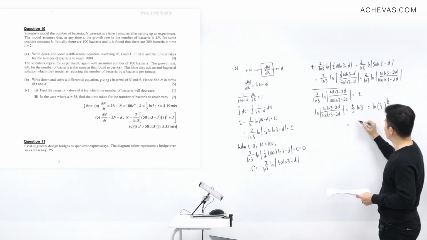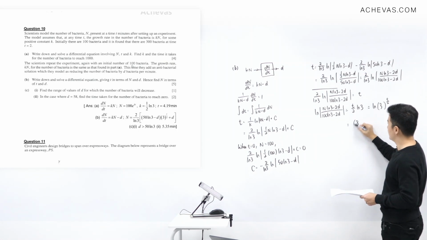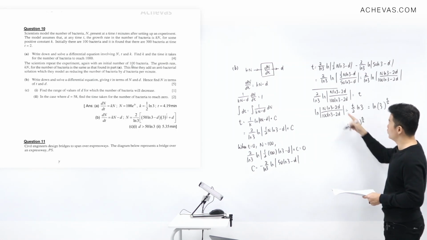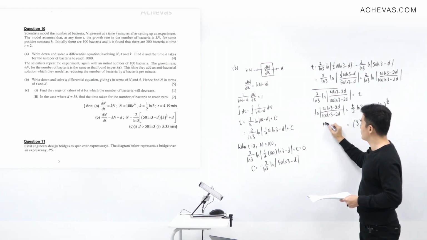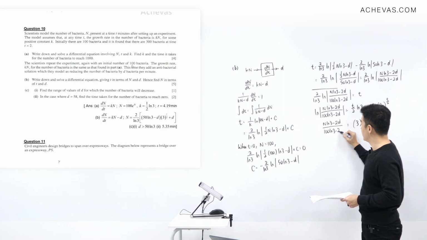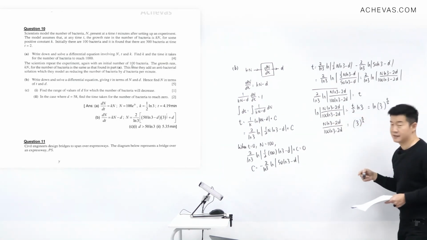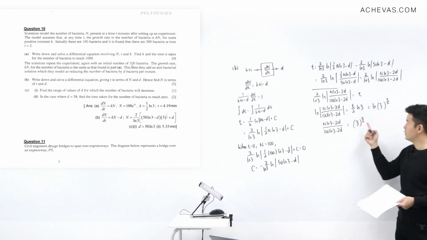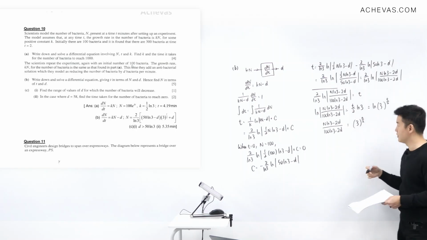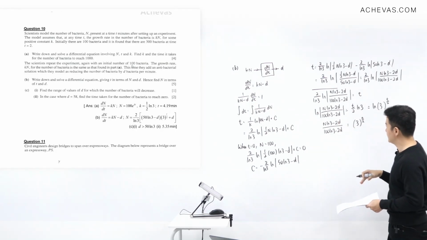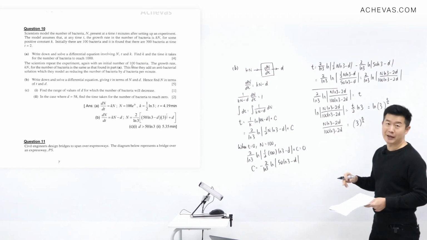This tells me that within ln, it is this, 3 to the power of t over 2, equal to n ln 3 minus 2d over 100 ln 3 minus 2d. I'm going to remove the modulus, because 3 to the power t over 2 is going to be positive all the time. So I'm going to have this as this, and now make n the subject.